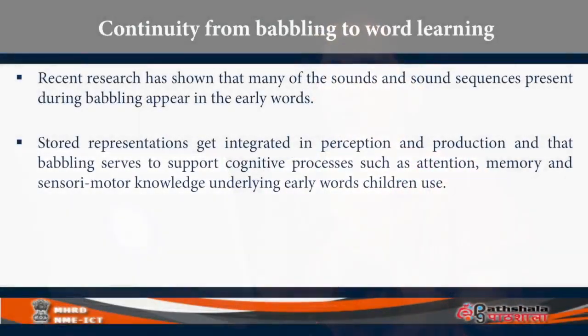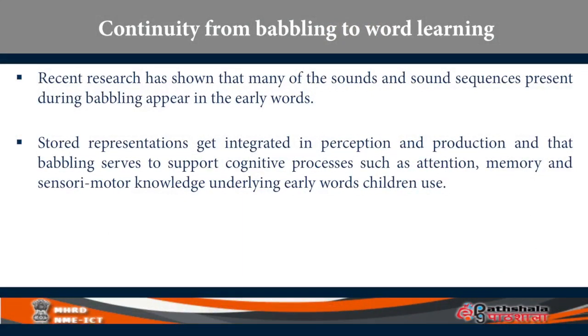So, a child who perhaps uttered some sounds which are not part of his language when he is 6 months old will drop out those sounds and will stick to sounds which are part of his native language, what he is hearing at home, if there is only one language. Alright. So, the child combines the stored representations with perception and production.